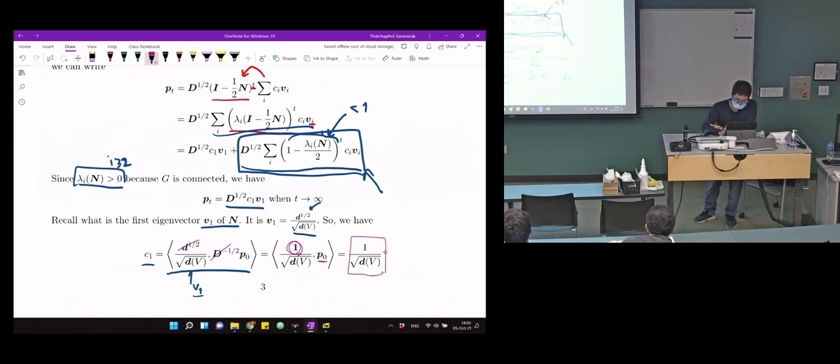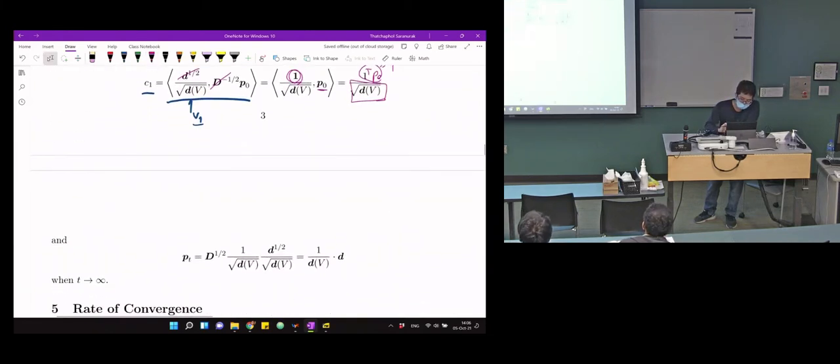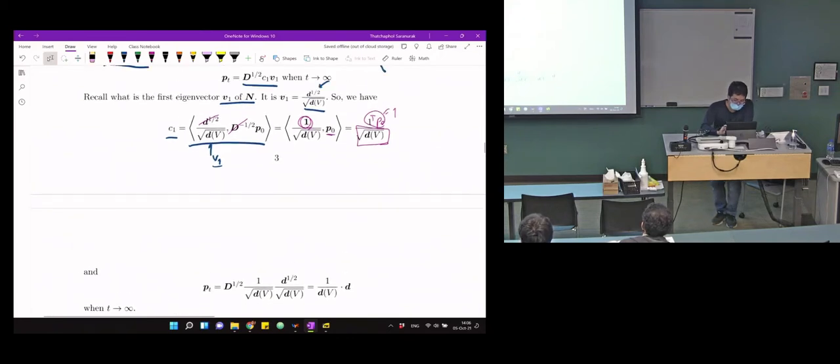So the thing above is just 1 times P0, and this whole thing is just 1. So C1 is nothing but 1 over the square root of this. Now just plug in: this is C1, this is V1, and multiply everything, you get the degree vector exactly.